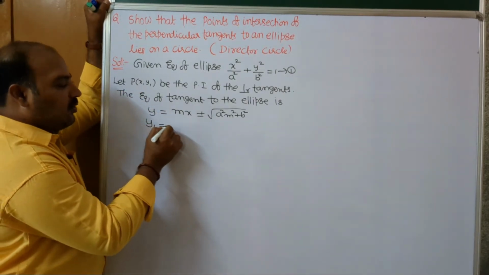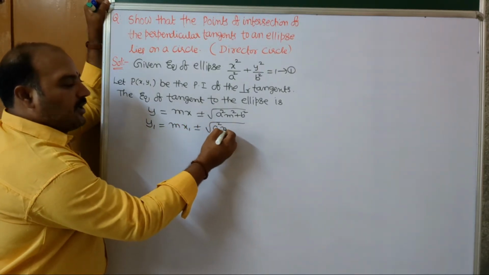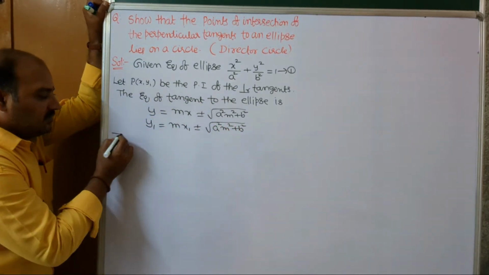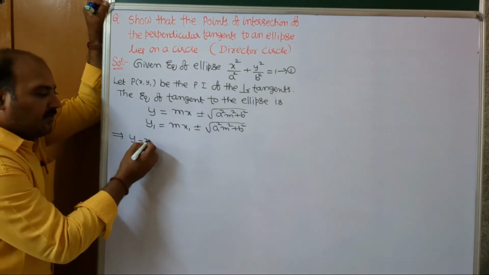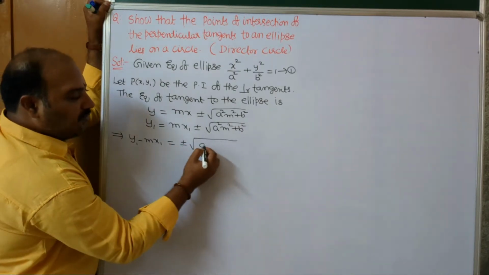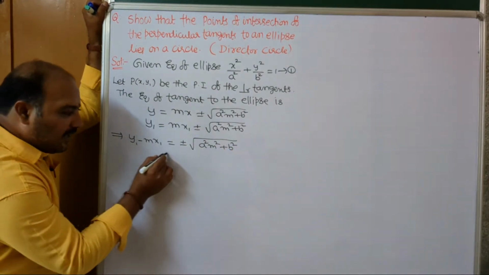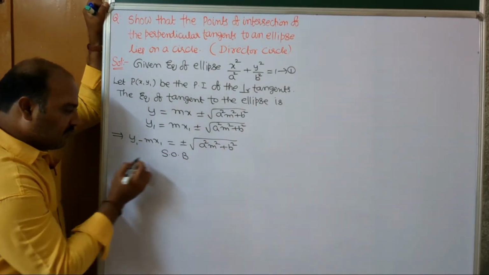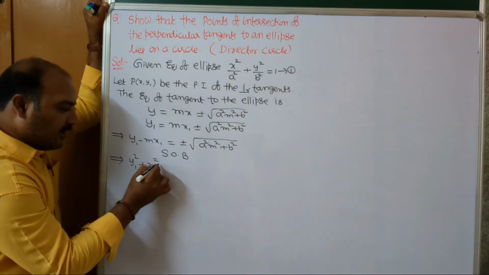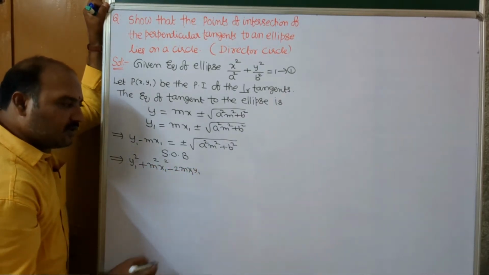y1 equal to mx1 plus or minus root a square m square plus b square. Mx1 bring this side. So that implies y1 minus mx1 is equal to plus or minus root of a square m square plus b square. Squaring on both sides, that implies y1 square plus m square x1 square minus 2m x1 y1.